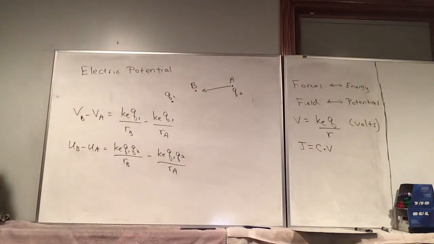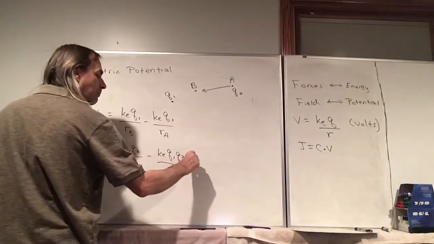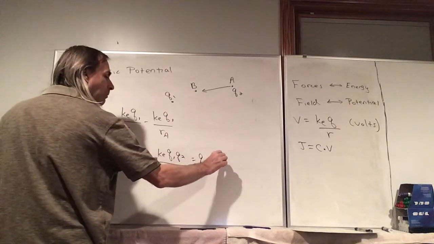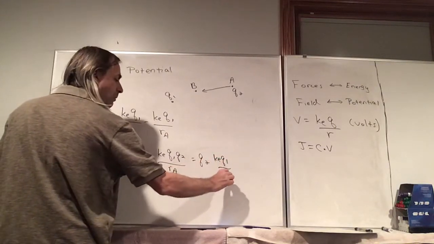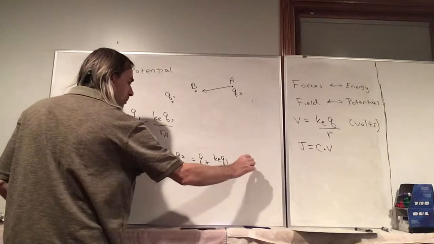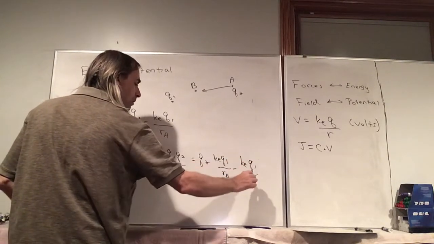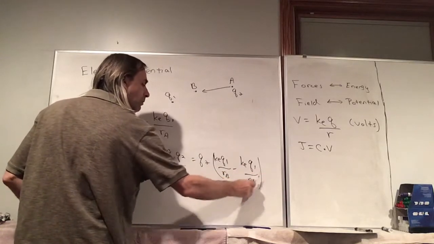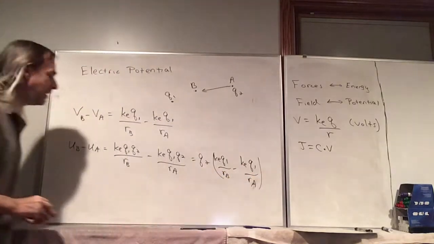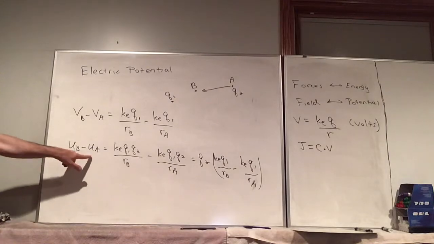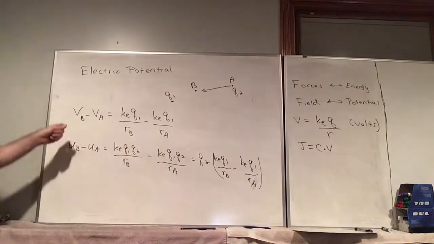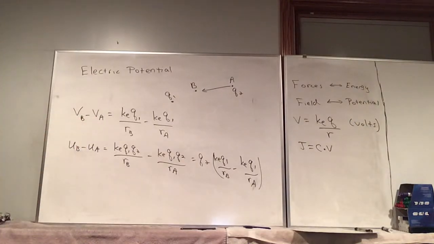And we can factor a Q2 out of this, and we can see that UB minus UA is Q2 times VB minus VA.